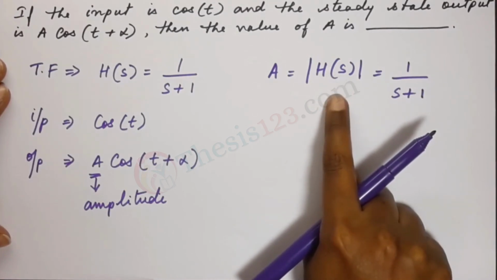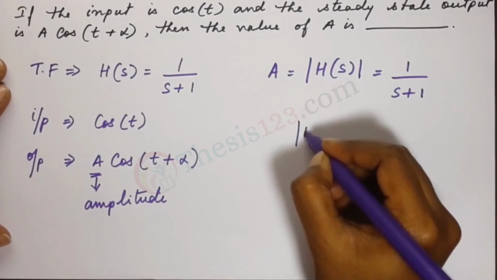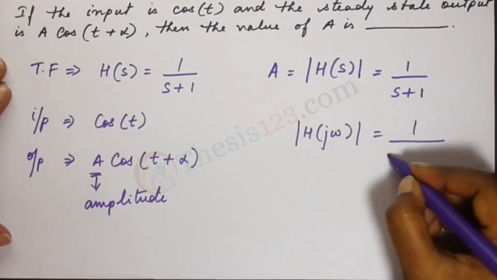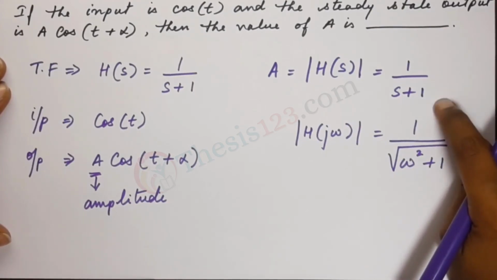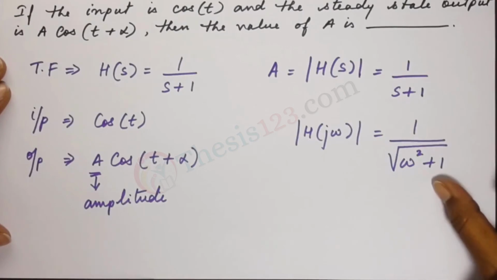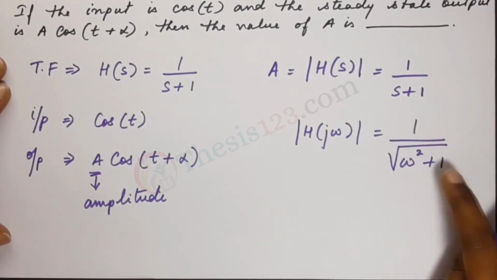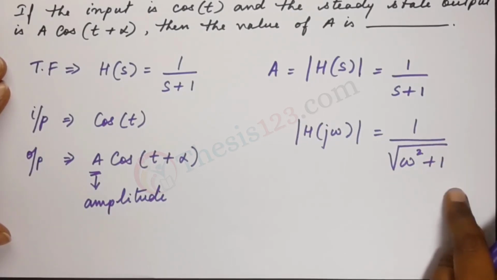And the amplitude of this in terms of j omega, h of j omega, would be 1 divided by root of omega square plus 1. So we are converting this in terms of omega. So 1 by s plus 1 is written as 1 by root of omega square plus 1.